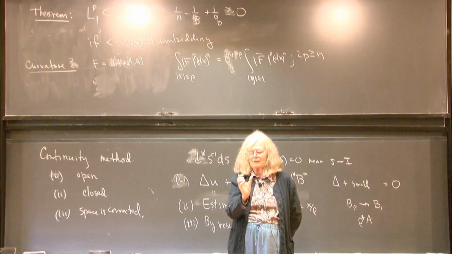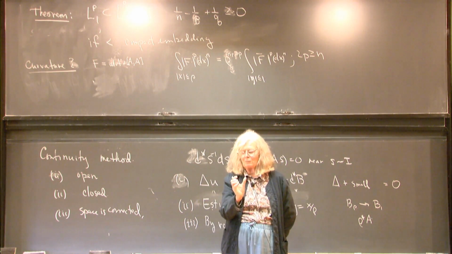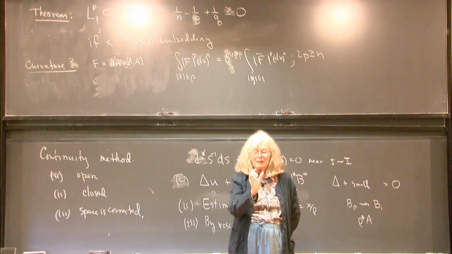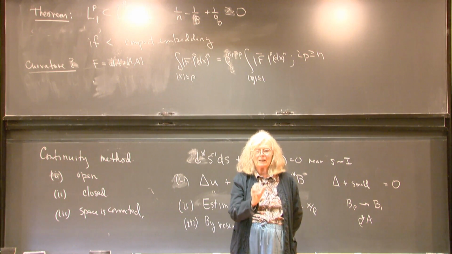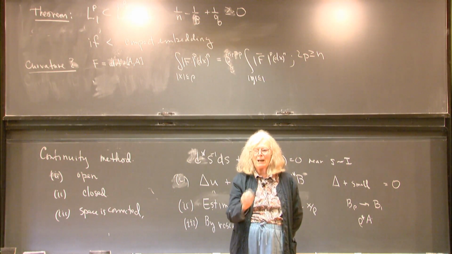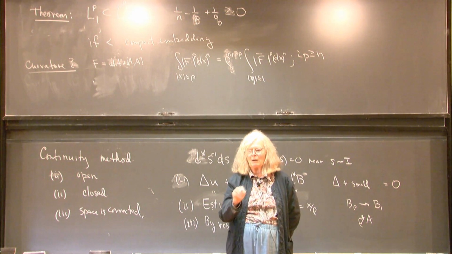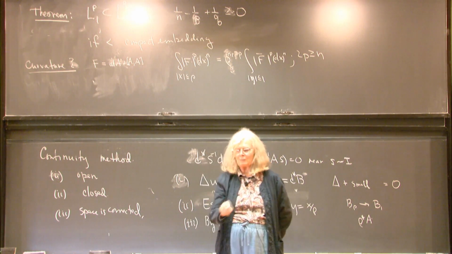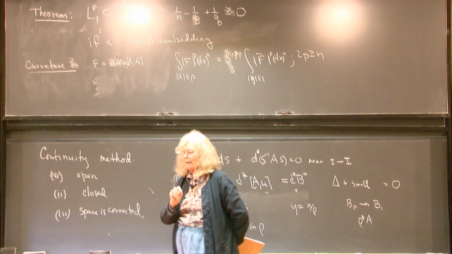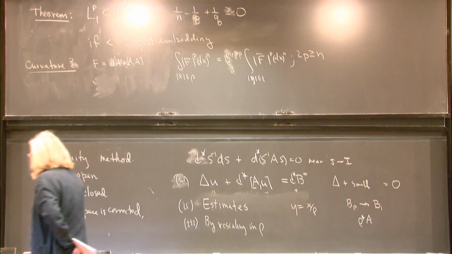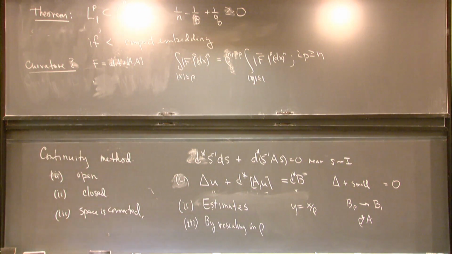Namely, it has all the illnesses and sicknesses of harmonic maps, meaning if you try to minimize A with respect to all the gauge transformations, you're going to get all the singularities of harmonic maps, and the singularities of harmonic maps start to go bad in 2 dimensions. So you don't really want to use the fact that this Coulomb gauge minimizes the L2 norm of A. That's kind of deceptive.